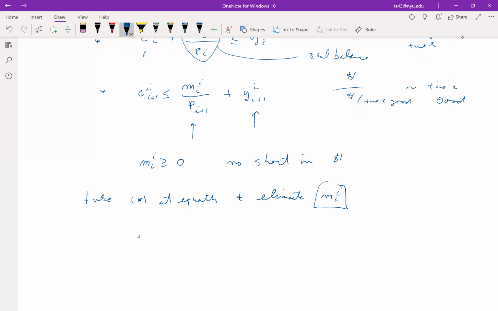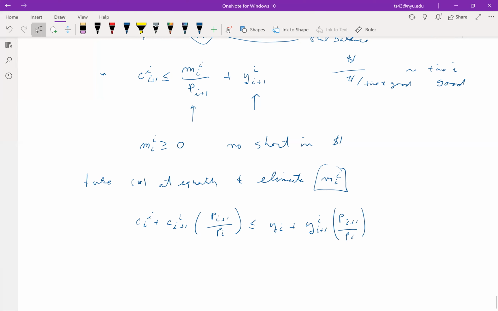I will get this equation. It's going to look kind of nice. So this is a key step. That's our equation.